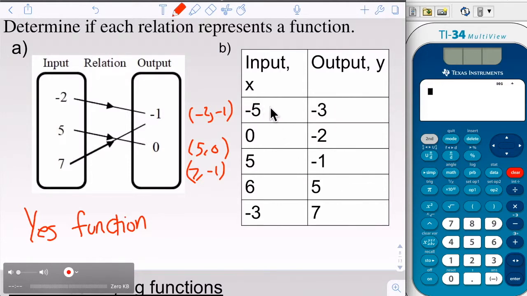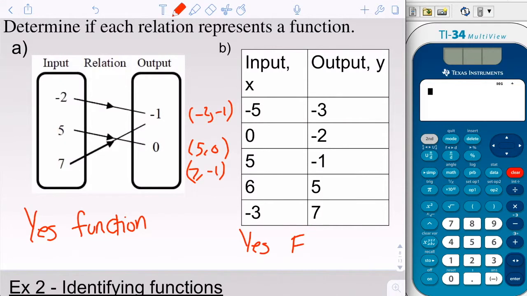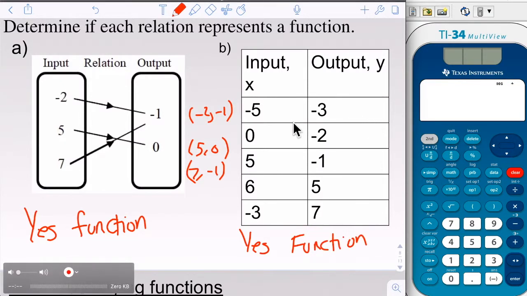Well, no, because this is the only -5 input I have, which means he only has 1 output. In fact, none of these have more than 1 output. There's only one -3 with an output. There's only one input of 6, only one input of 5, one input of 0, which means this is a function. This would pass the vertical line test everywhere because I don't have one x value with 2 different y values.